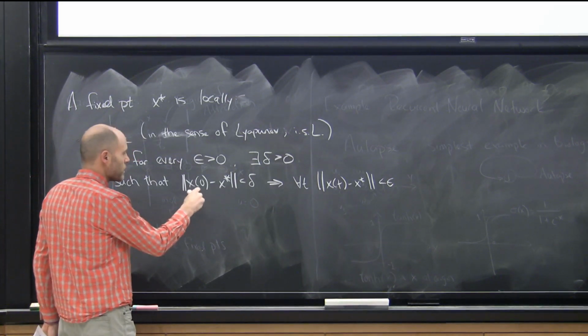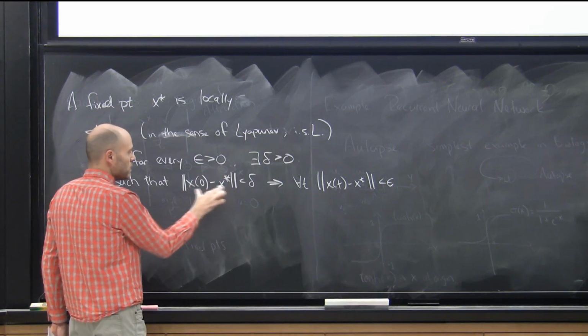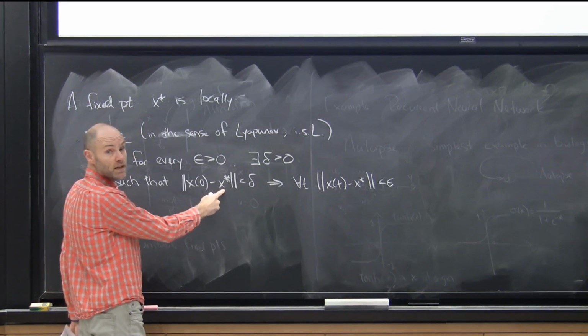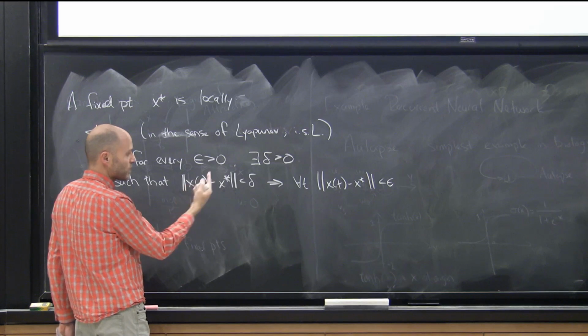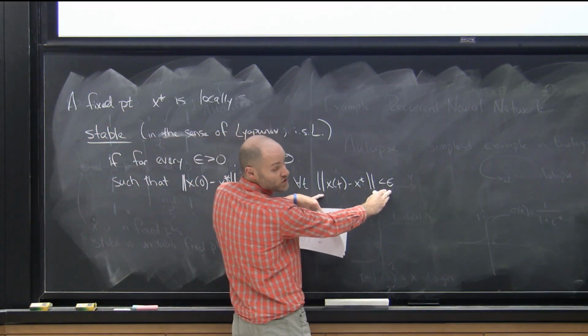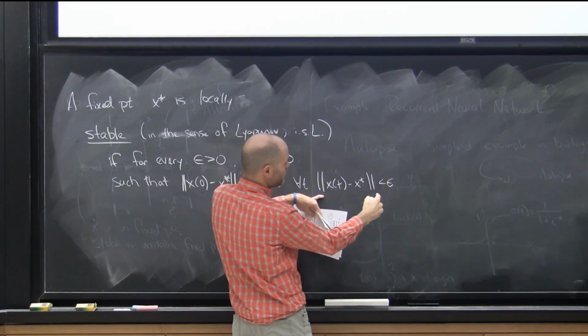This is some distance metric. You pick your norm. If my initial conditions are some distance from my, okay, let's think about it this way first. I would like to certify that for any epsilon, this defines some ball of states, right?